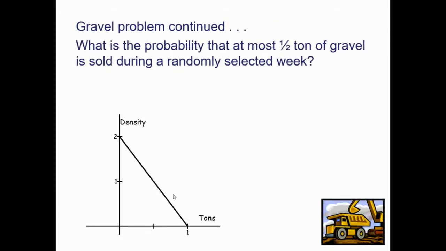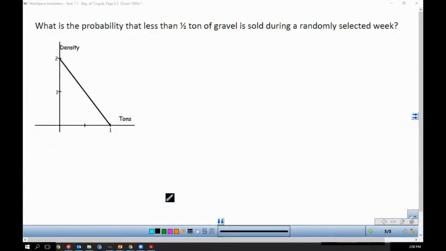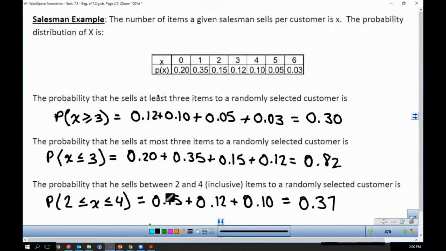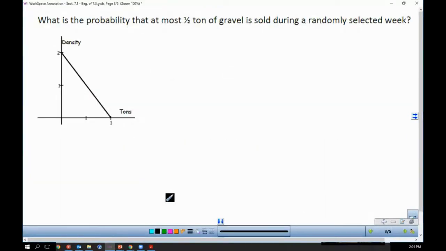Okay, so let's look at our first workout problem on the top of page 5. Since it's a workout problem, I'm doing it with you. This one? No? That one.